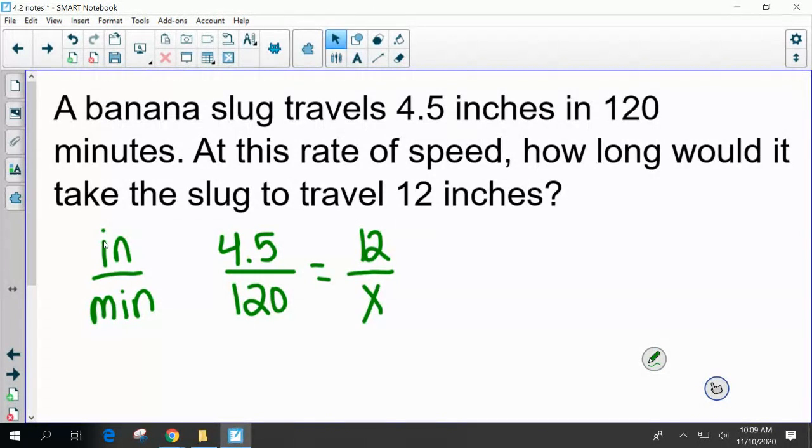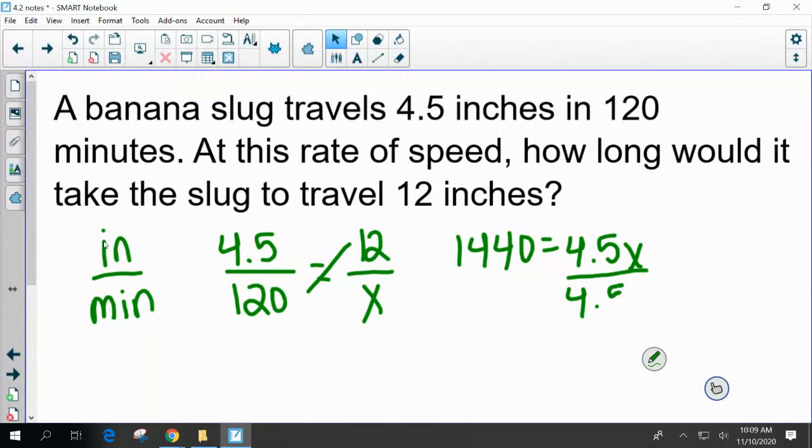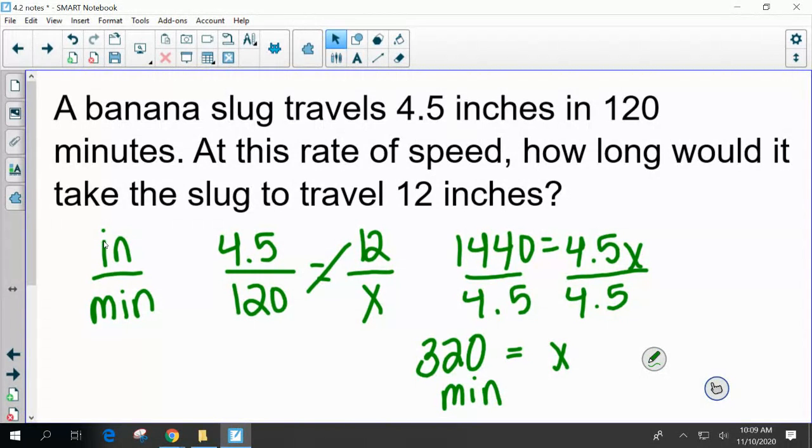So then when I cross multiply, I'm going to get 1,440 equals 4.5x. I need to divide by 4.5. So x would equal 320. So 320 minutes to travel 12 inches. Everybody good? We'll move forward.